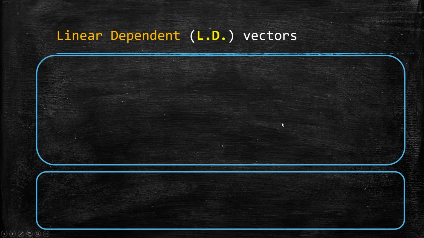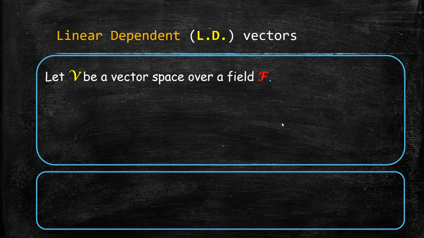Our first definition is linearly dependent vectors. If V be a vector space over a field F, as I had already told that in our lectures we will consider field F either real numbers or complex numbers.